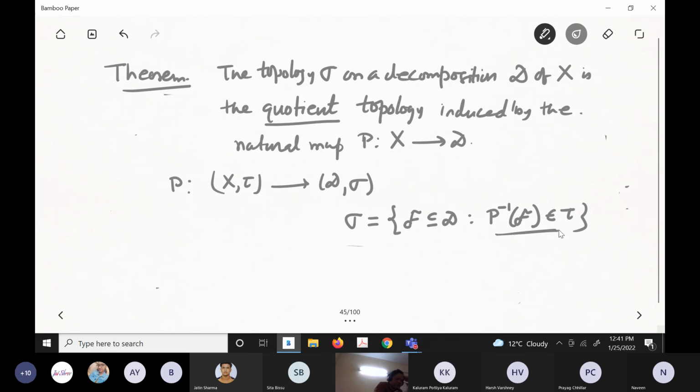Exactly, this is the way I have defined the topology. That is the same thing actually I was taking. Actually, I picked up the idea from here. So you will have to check that, and this will give you a quotient topology.